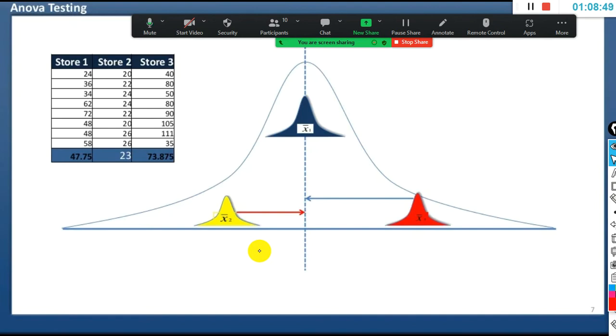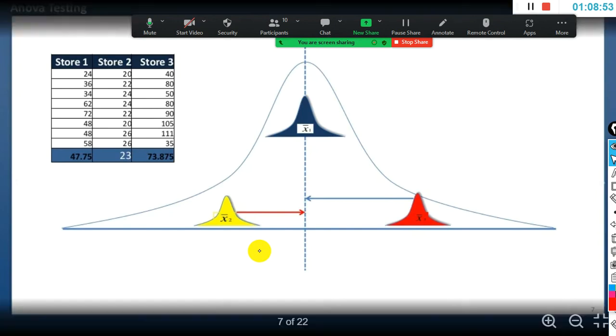So here in this case, let us say x1 bar, 47.75, is the mean. Let us assume that this is the population mean. All these three put together, the population mean is 47.75. But the store one sample mean is falling exactly on the population mean.